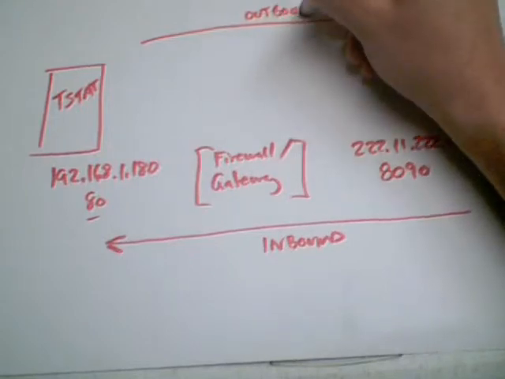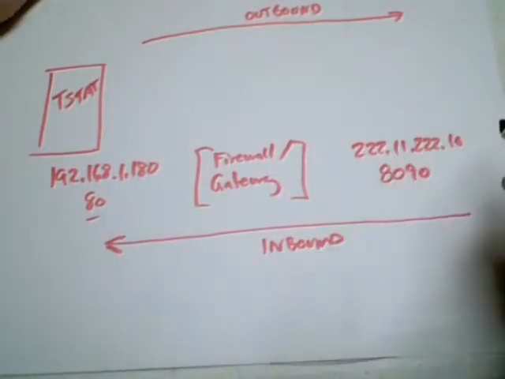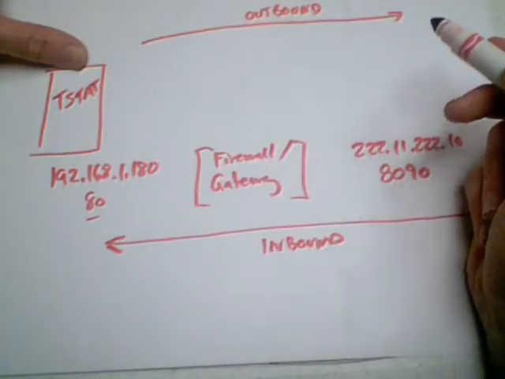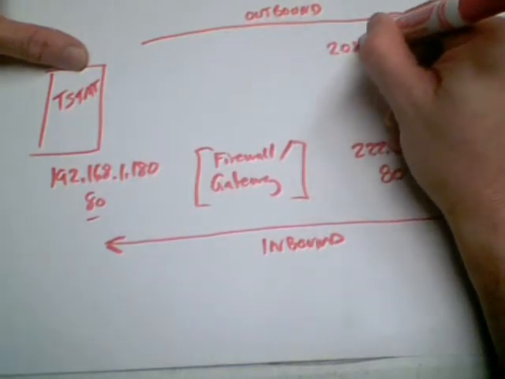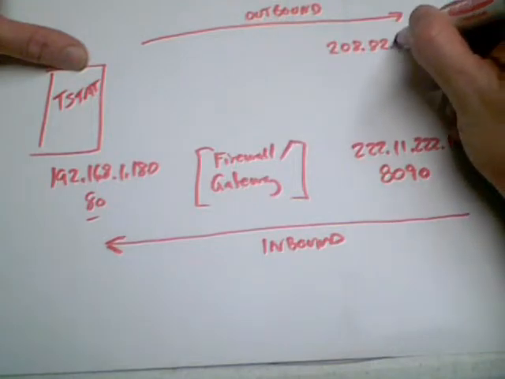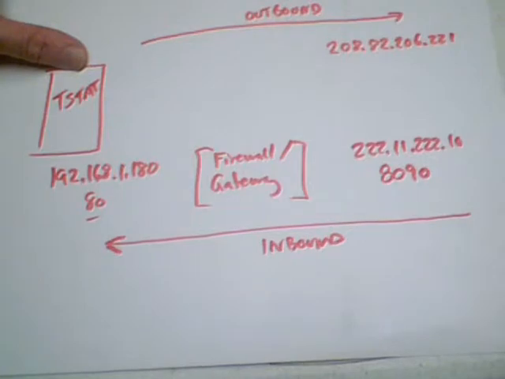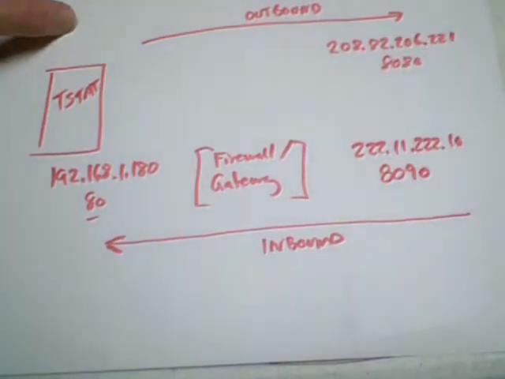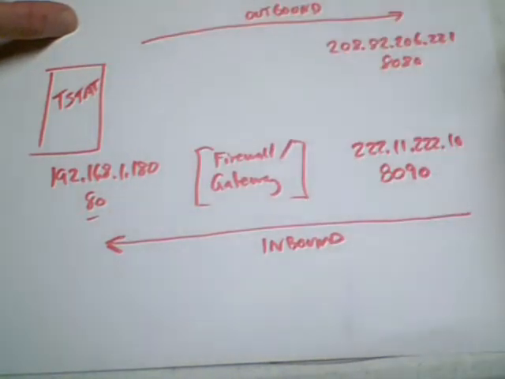is actually a little simpler, and we just need to talk directly to their server. So the thermostat has a place to do that, and the IP address of their server, depending on which software we're using, there's different IPs for different servers out there, but 208.82.206.221, port 8080 is their server. And that just gets put directly in the thermostat, and outbound it goes.